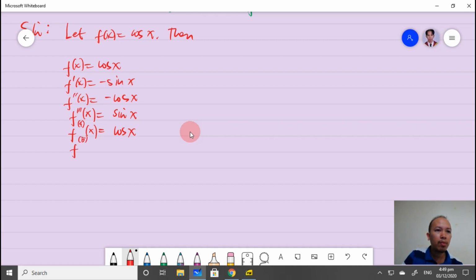Let's try the fifth derivative. Again, this is negative sine x, which is the first derivative. We have the sixth derivative, negative cosine x. Then the seventh derivative, we have sine x, and so on and so forth.